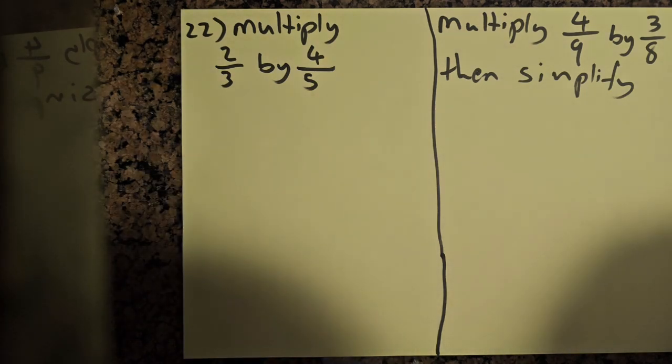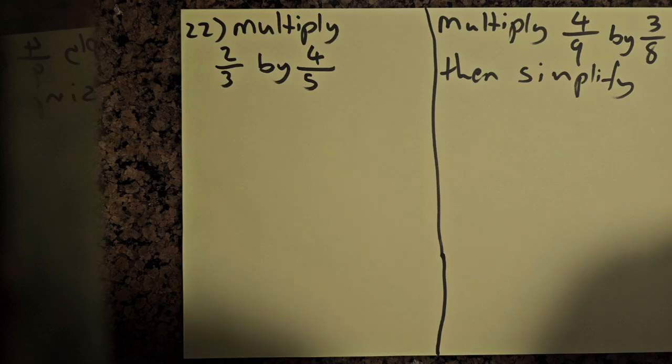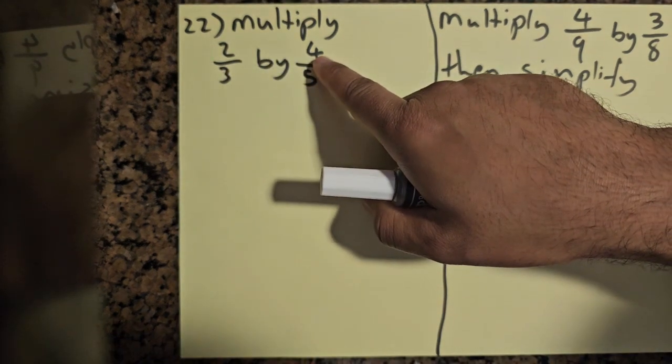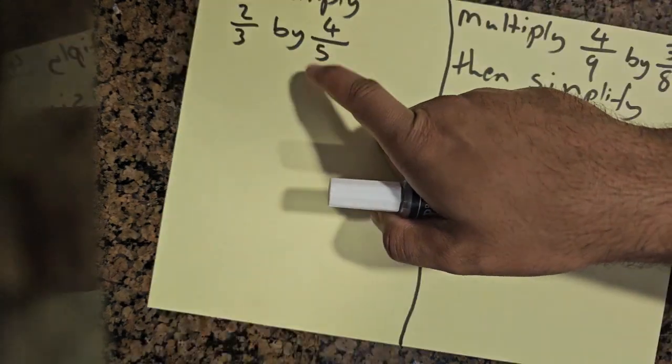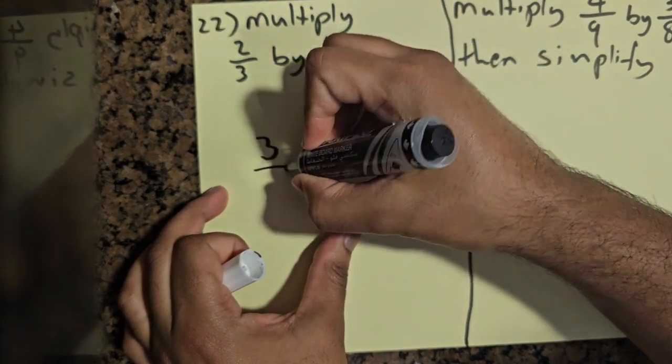Now, the rule for multiplying fractions, multiplying is actually the easiest part when it comes to fractions, because you multiply numerator by numerator and denominator by denominator. Now, what does that mean? It just means you multiply the top number by the top number and the bottom number by the bottom number. Very easy, okay? So let's do this.